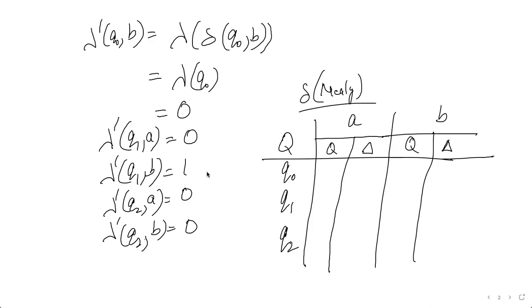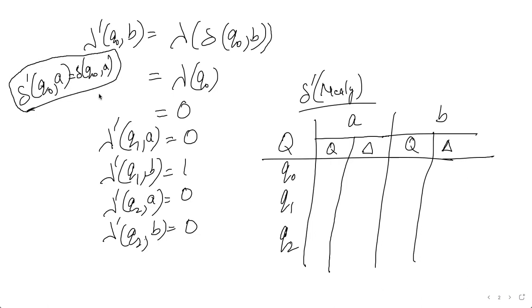For the next state, you don't have to worry, because delta dash of Q naught on A will be equal to delta of Q naught on A only. The transition function remains the same, just the values of the output get changed.